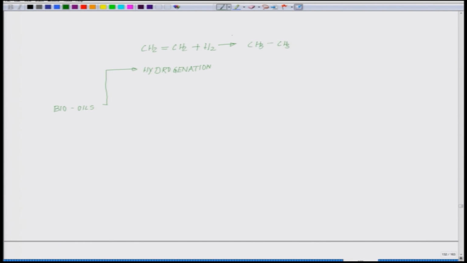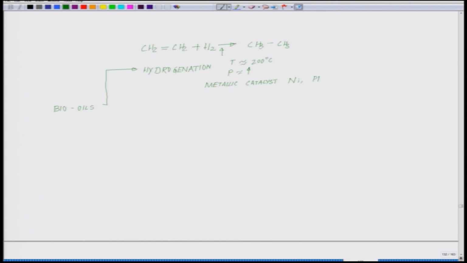Such a reaction can take place at a temperature around 200 degree centigrade and at a pressure higher than normal. P stands for pressure, and different kinds of metallic catalysts are used. One of the prominent catalysts is nickel.